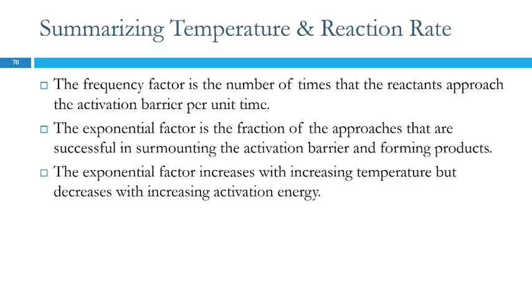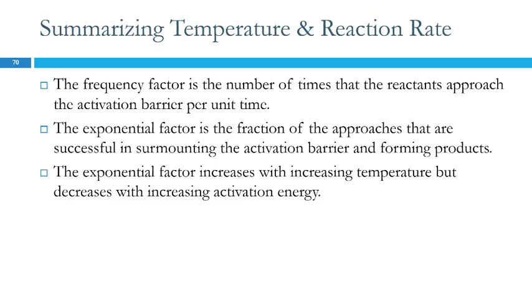So, summary of all that. Frequency factor: how many times the reactants approach the barrier per unit time. It's the frequency, how many times per second. The exponential factor is the fraction of approaches that are successful. You know, out of 100 approaches, 5 are successful.